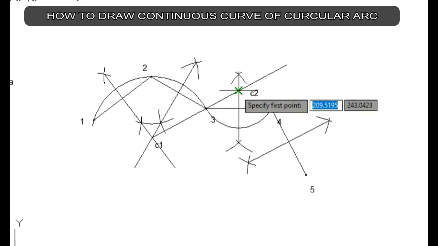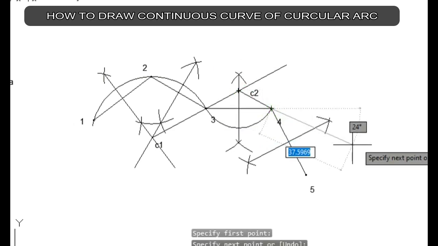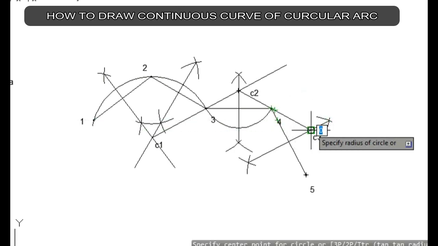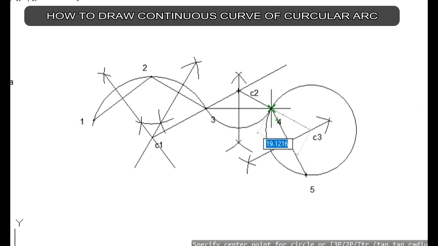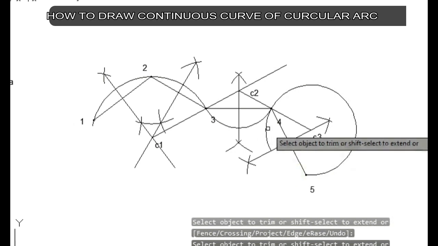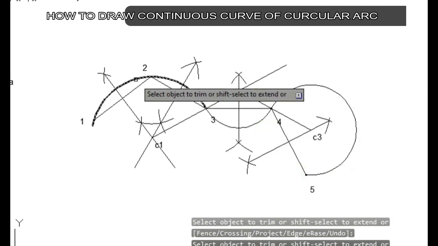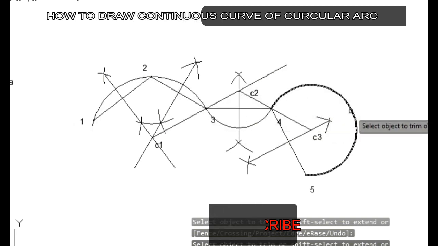Next we will join C2 and 4 and extend. Now we will draw an arc considering C3 as center and C3 4 as radius. So this is our continuous curve of circular arc passing through 5 points.